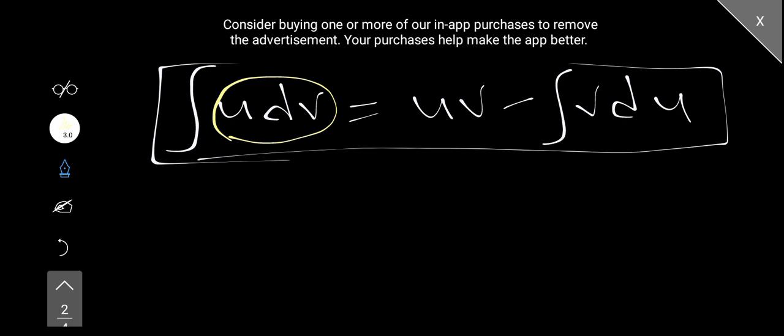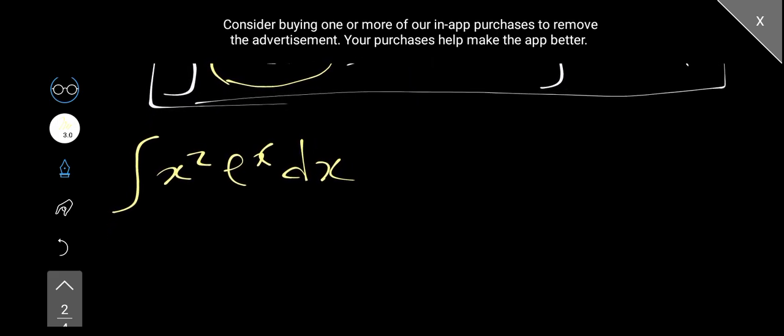So when we are told to integrate x squared e to the power x, you have to manipulate these two functions, x squared and e to the power x. One must be u, the other one must be dv, to suit what is inside the integral. So which one are we considering to be u and which one will be dv?